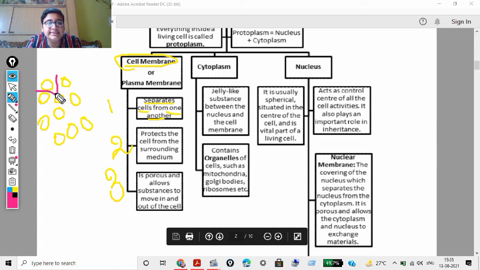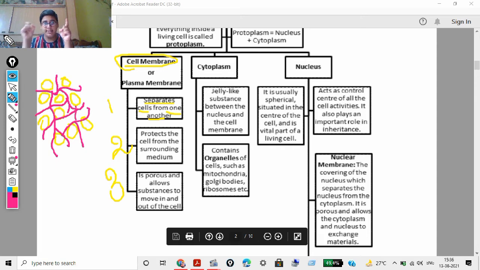These are intermediate between 2 or more cells. See, this is the cell membrane. The function of the cell membrane is to separate one cell from another cell, like this.